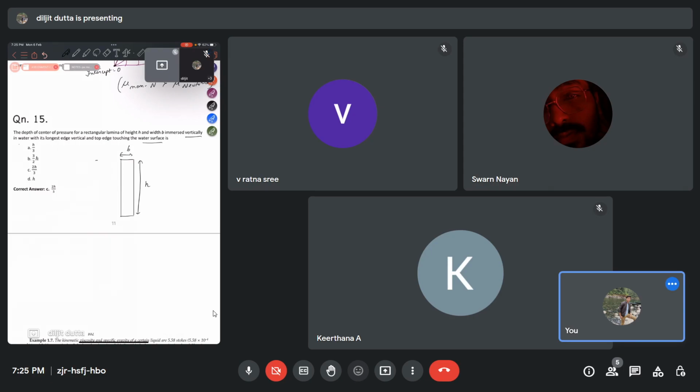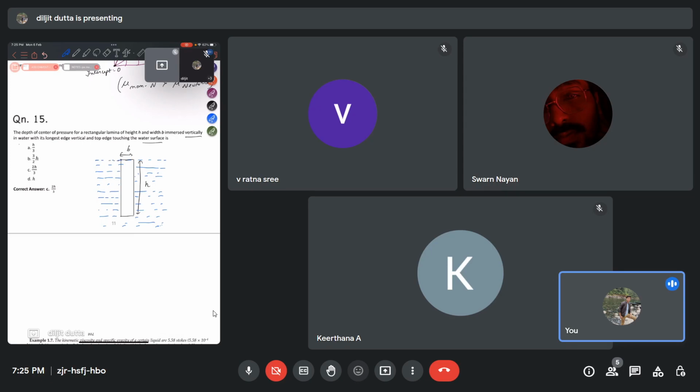So this is the water surface and the top edge is touching the water surface. So what we have to find? We have to find the depth of center of pressure.